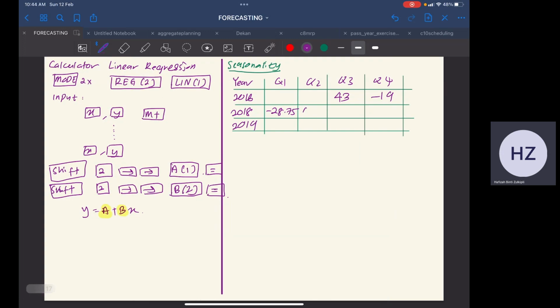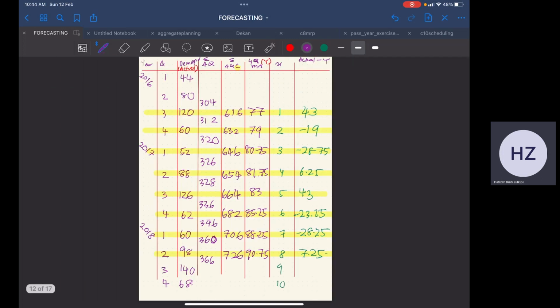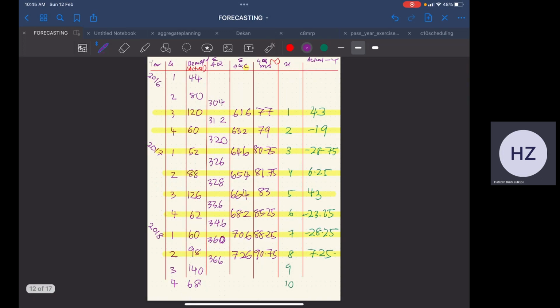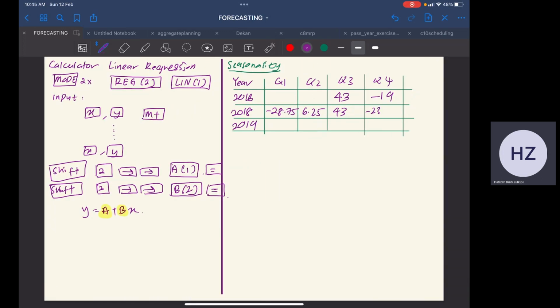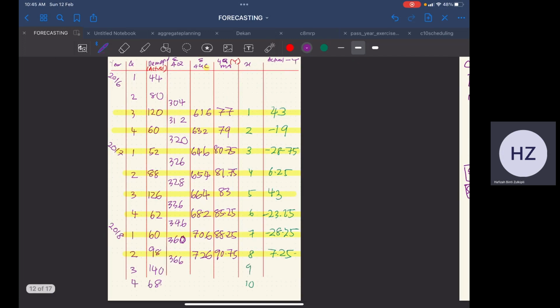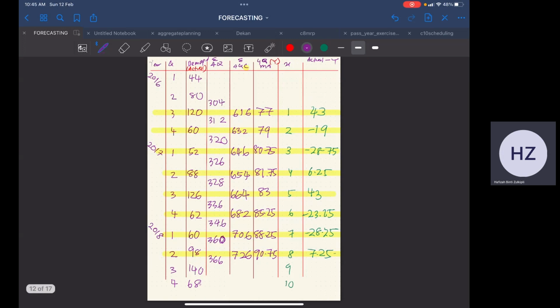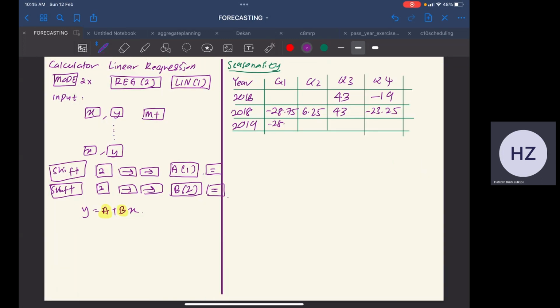This is 6.25. This is 43. This is negative 23.25. Negative 28.25. And then the last one is 7.25.